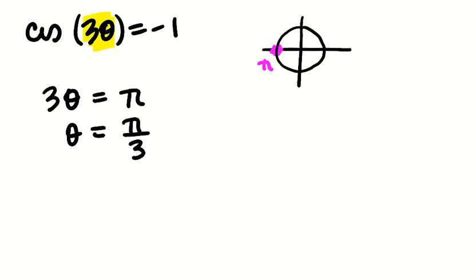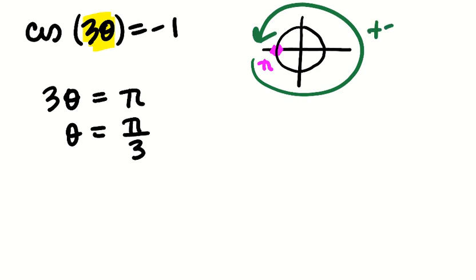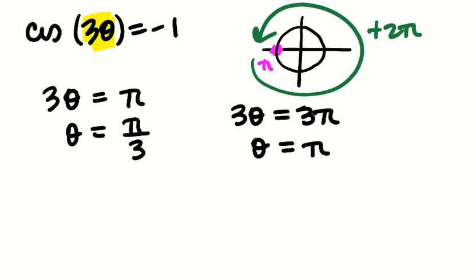But if we were to add 2 pi and just go around from pi again, we'd have pi plus 2 pi is 3 pi. So what would happen if I said 3 theta equals 3 pi and then divided by 3? I get theta equals pi. So this is another solution.